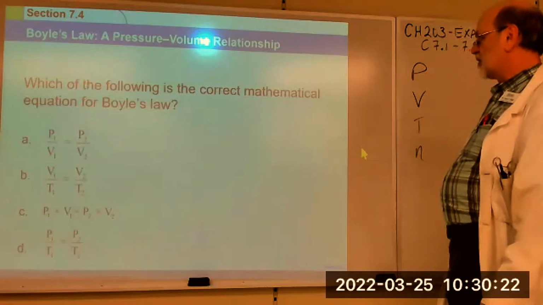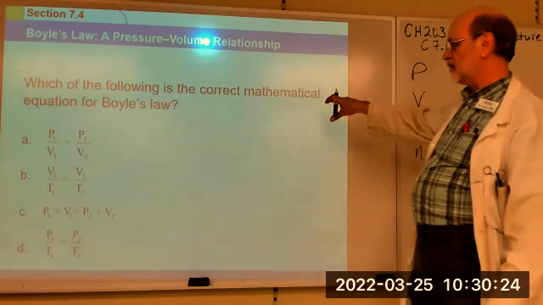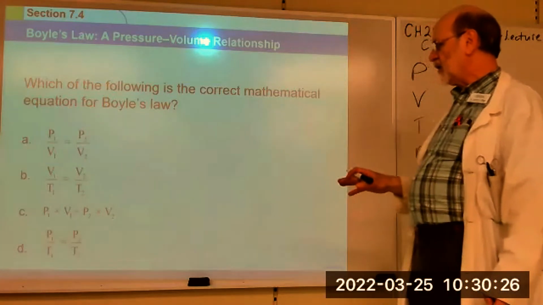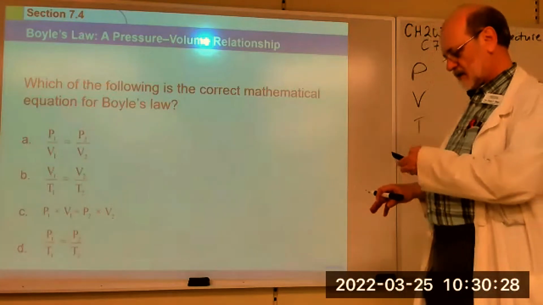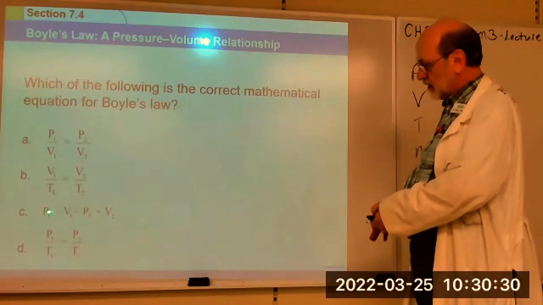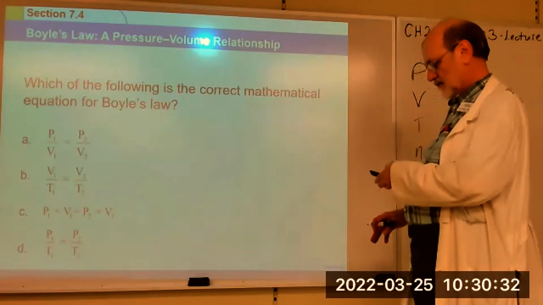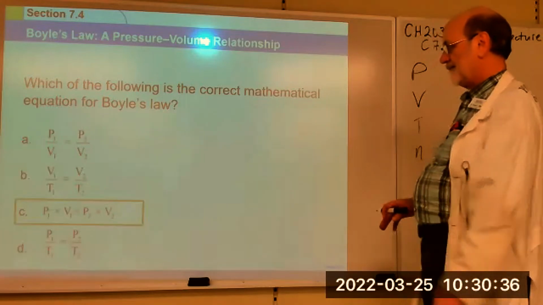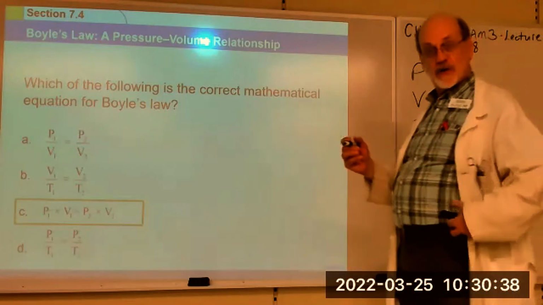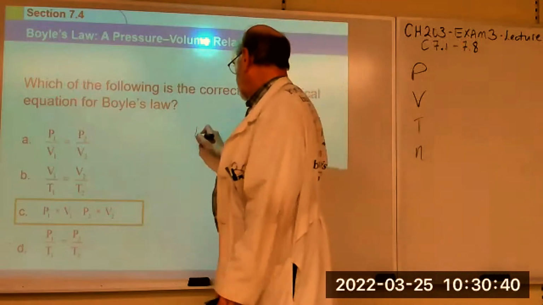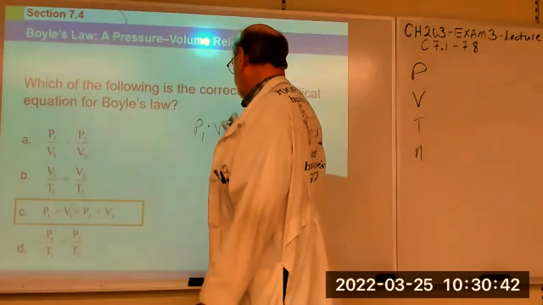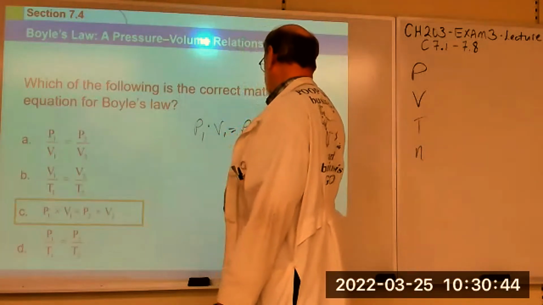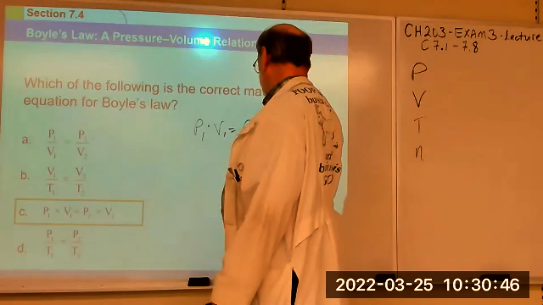All right, so which of the following is the correct equation for Boyle's law? Well, P1V1 equals P2V2. That says this one right here. Okay, but notice P1V1 equals P2V2.